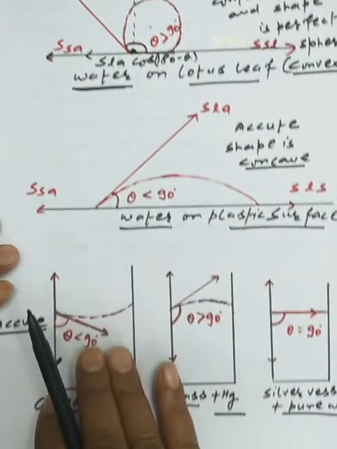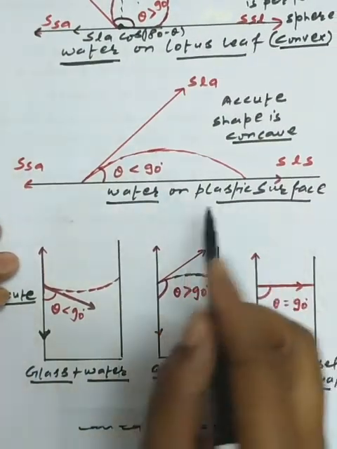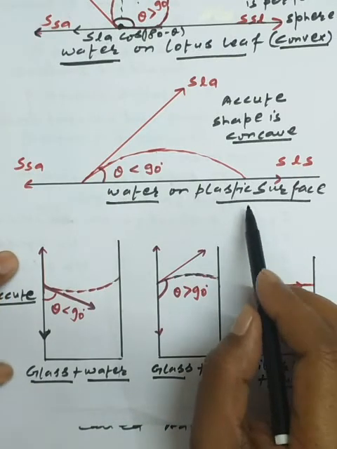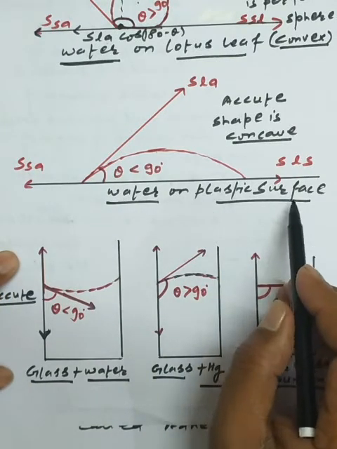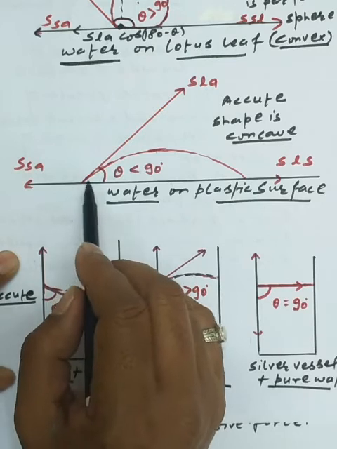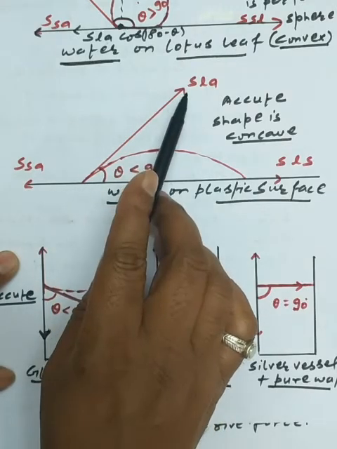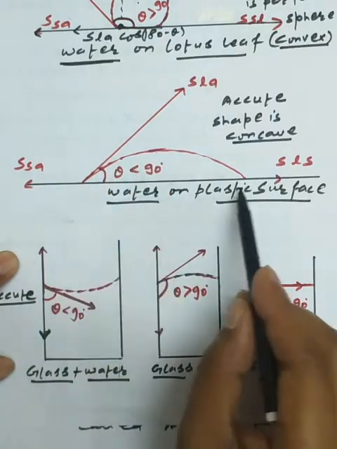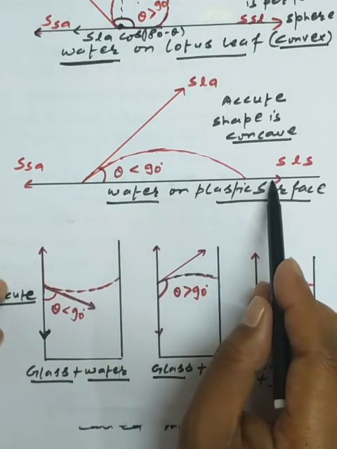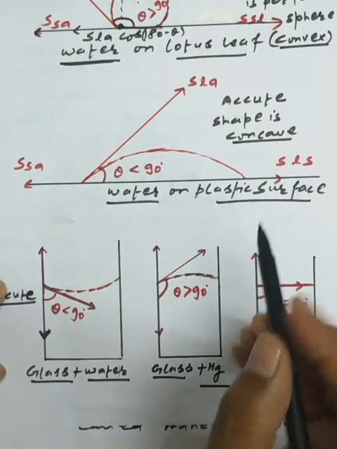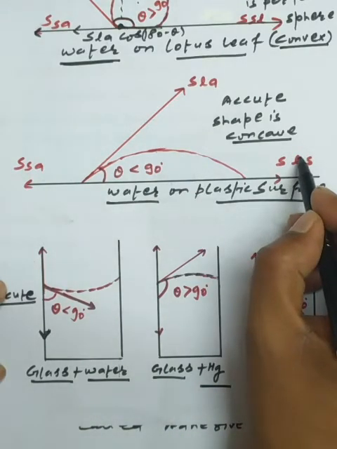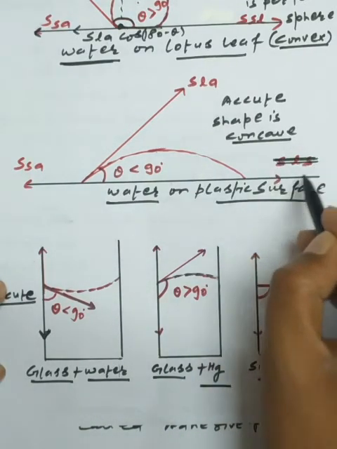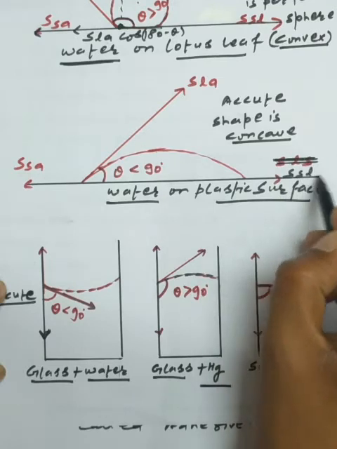So the angle between these two tangents is called the angle of contact. In the same way, I am pouring the liquid on another type of surface, and here I have written that this is the plastic surface. The angle of contact is simply the angle between the tangent to the liquid surface and the tangent to the solid surface which is inside the liquid. Okay, here I am making a little change, the surface tension between the solid and the liquid interface.